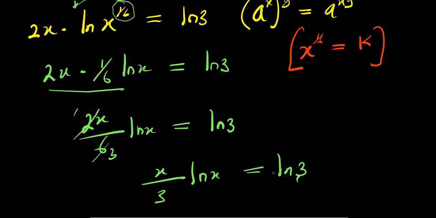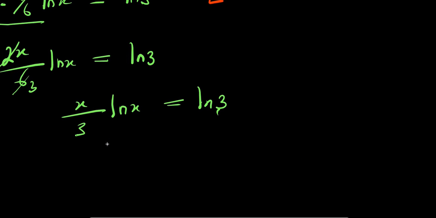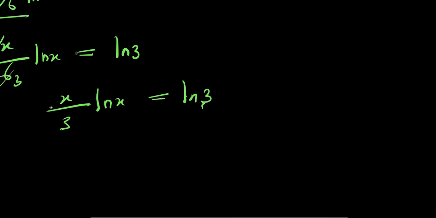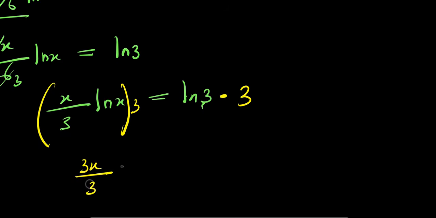Now, we can decide to multiply each part of the equation by 3. So what I'm going to do will be to multiply this by 3 and also multiply this by 3. So 3 times this, we have 3x divided by 3 times ln x, and this equals ln of 3 times 3.